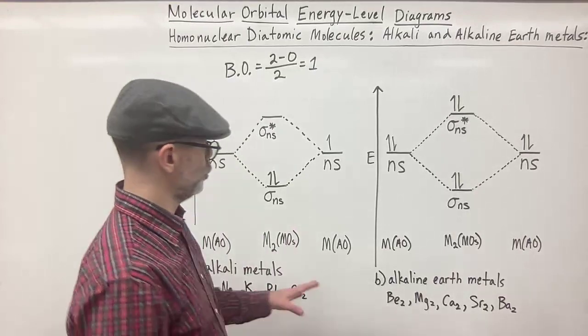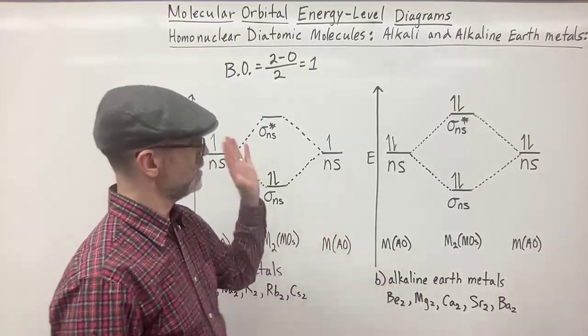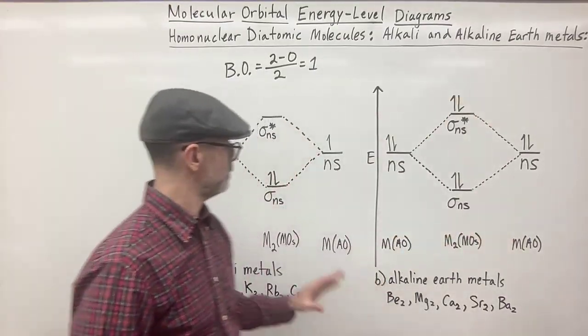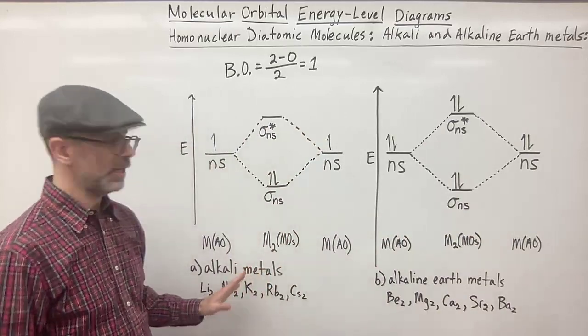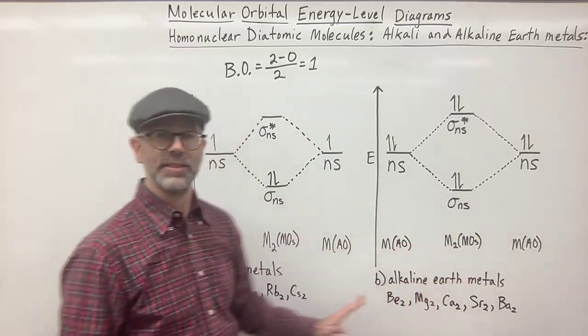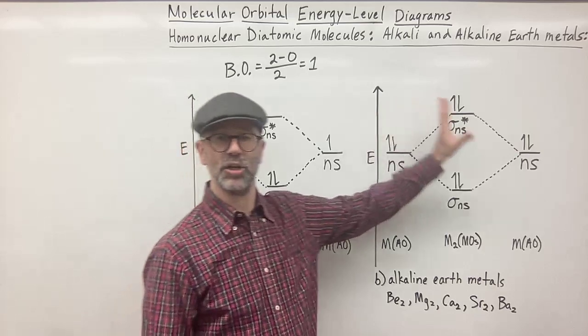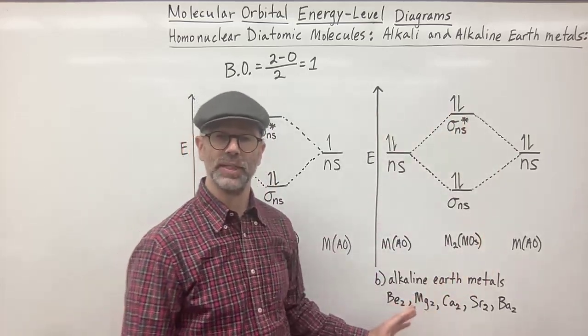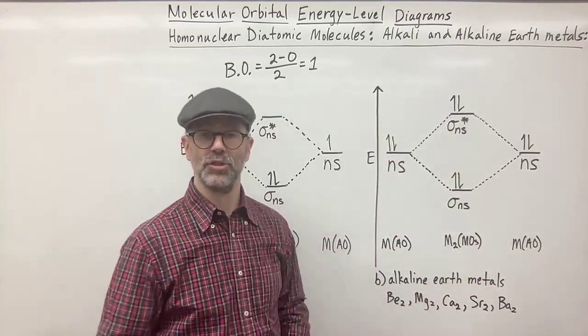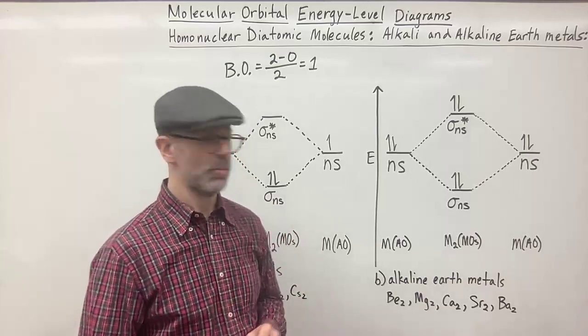And next we go to the alkaline earth metals. Same setup. The only difference between the alkali metals and the alkaline earth metals is that, because the alkaline earth metals are group 2 elements, they all have 2 valence electrons in their s orbital.